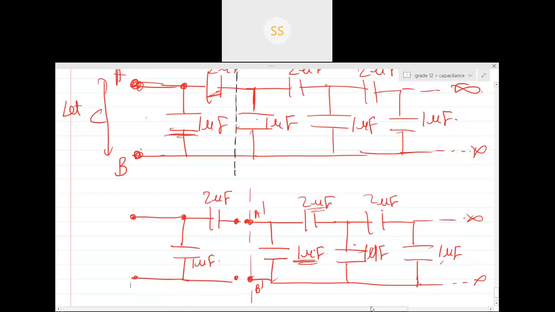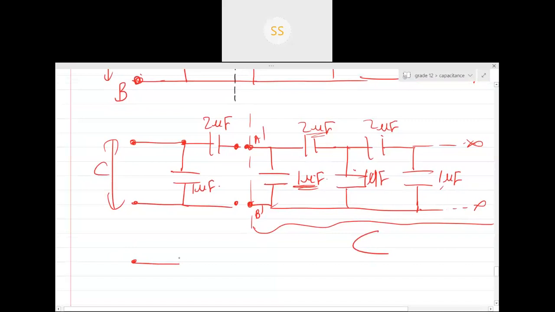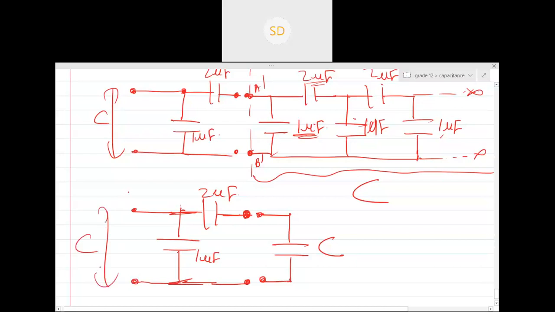The remaining circuit, this part, will still have a capacitance of C. So from here, I can say there is a 2 microfarad capacitor, and with this point there is a capacitor of capacitance C. And what is the net capacitance of the whole thing? C again. Are you getting my point?